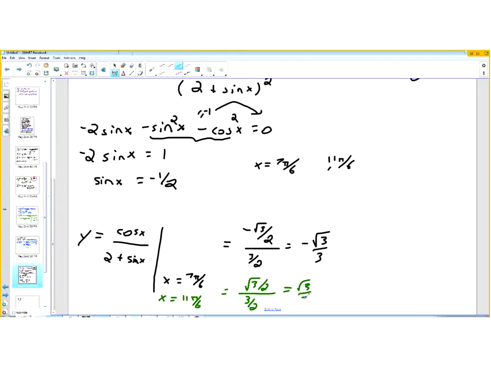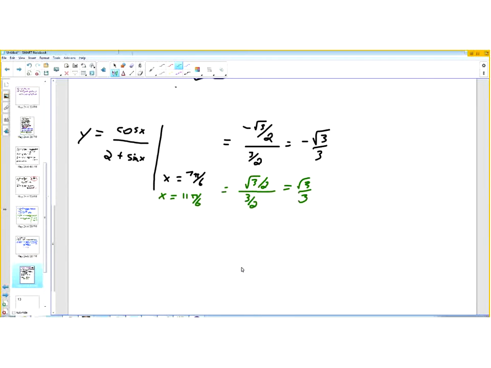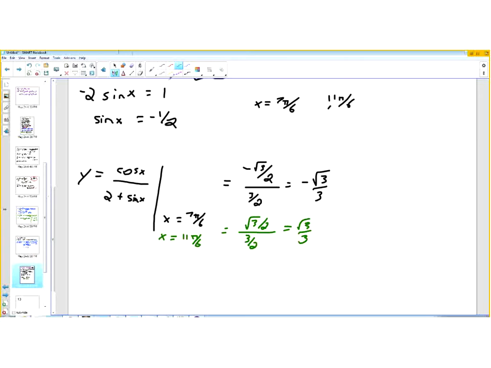Now, we also have the notion that the function is periodic, okay? So sine x equals -1/2 at periodic values of 7 pi over 6. And the period of the sine function, as we know, is 2 pi.